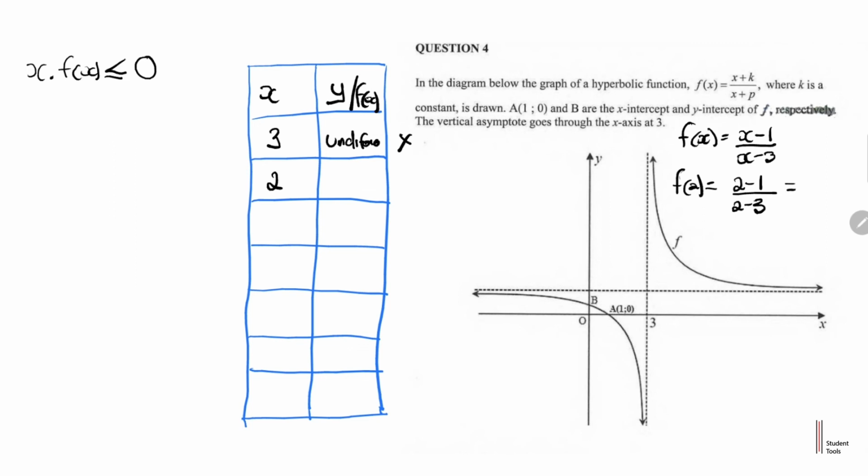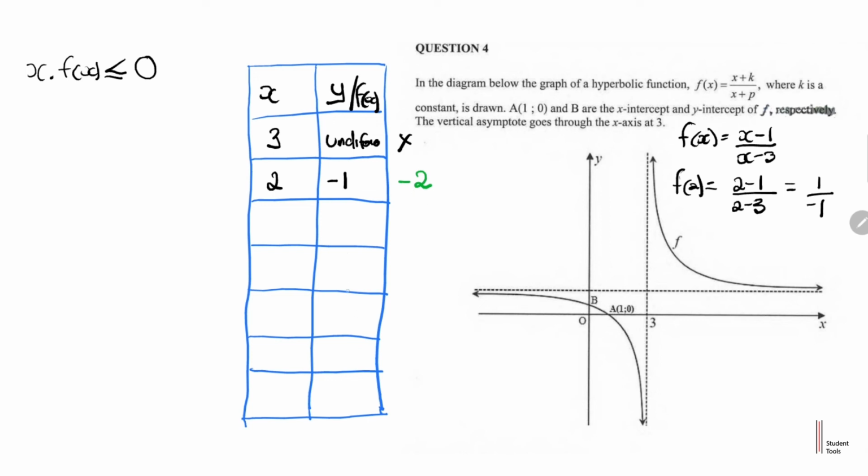This is equal to 2 minus 1, that is 1, over 2 minus 3, that is negative 1. So y will be equal to negative 1. And what is x multiplied by f of x? That is equal to negative 2, because it's 2 multiplied by negative 1.